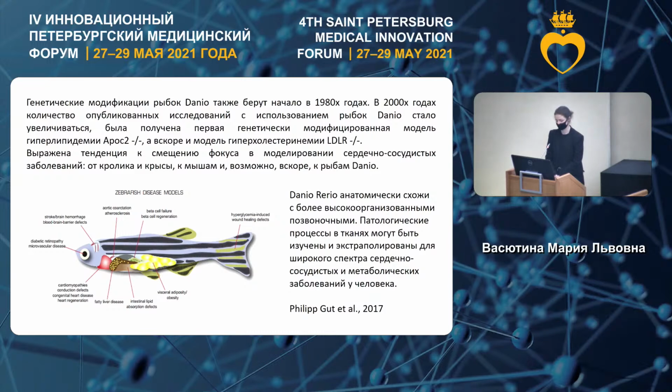The standard approach is to study LDLR mutation in rat and in rodents. However, Danio rerio allows us to investigate visceral obesity, fatty liver, retinopathy, cardiomyopathy, and brain disorders, as well as hyperglycemia-induced wound healing defects.